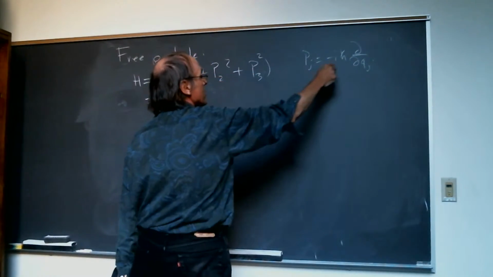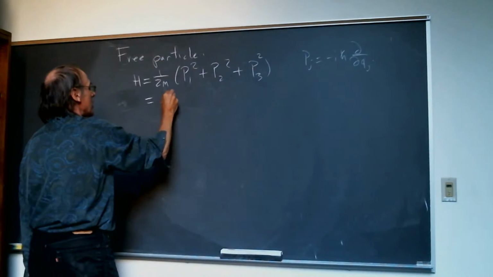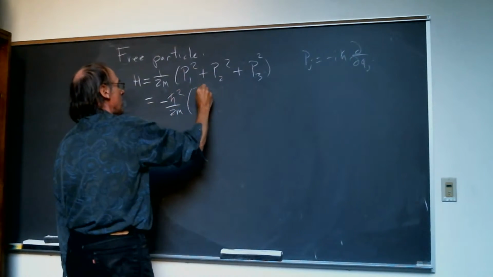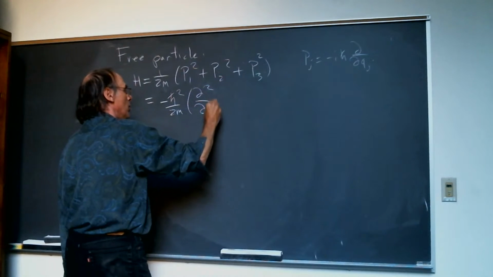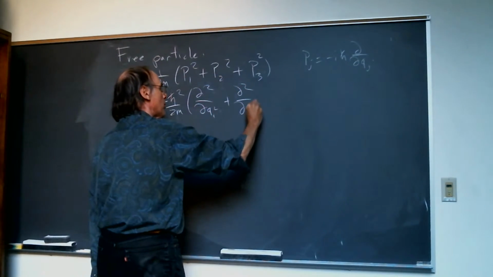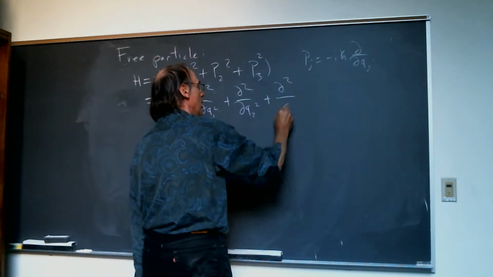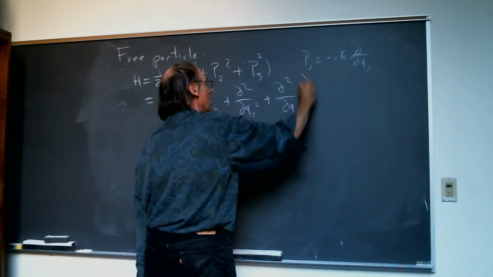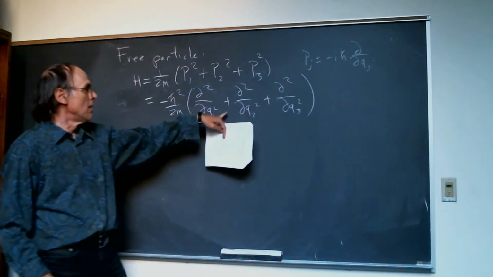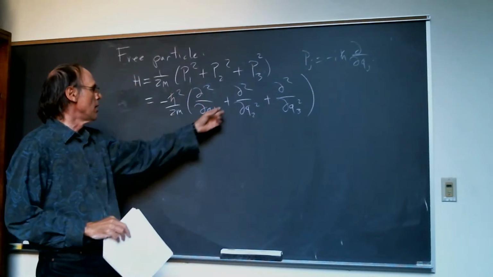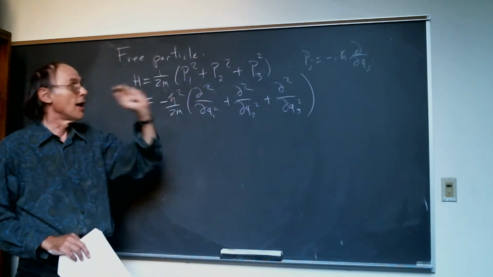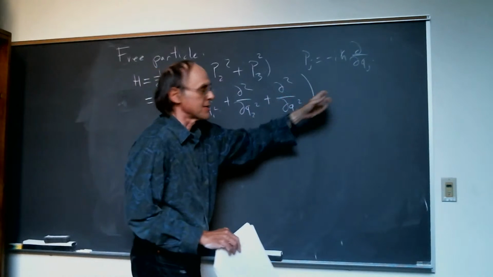If you square these, you get a minus and an h bar, so you get minus h bar squared over 2m times the derivatives with respect to Q1 squared plus Q2 squared plus Q3 squared. So this is a second order differential operator acting on our states as functions.